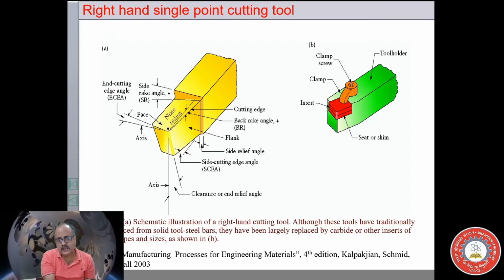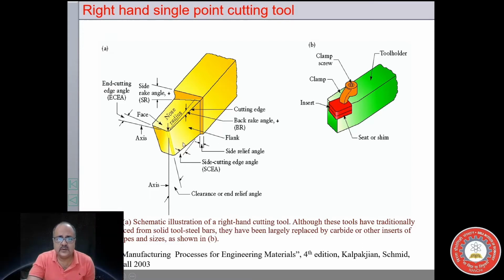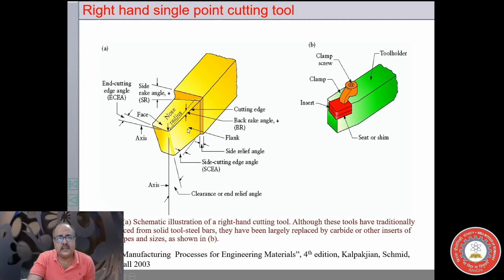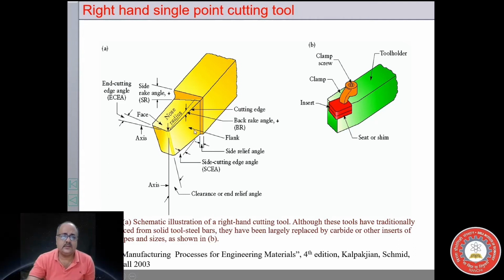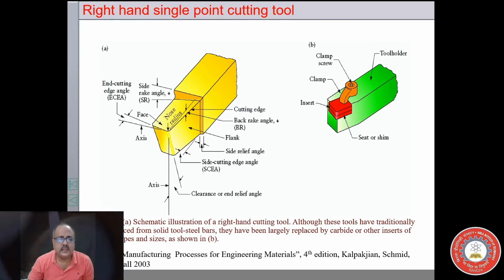So it is inclined in this direction because as it is moving in this direction, during longitudinal feed, it will prevent this side from rubbing against the workpiece. And simultaneously, it is inclined in this direction. It is not straight here. And that angle is called the side cutting edge angle.